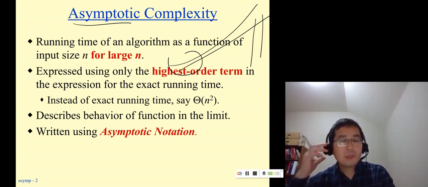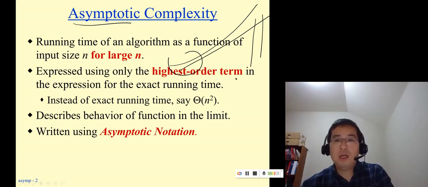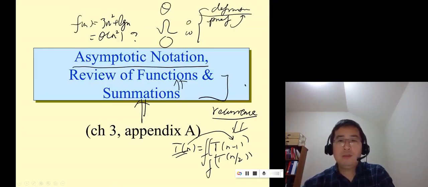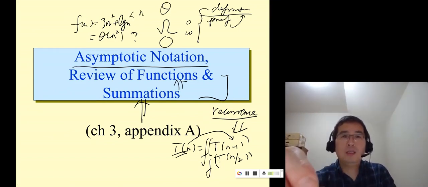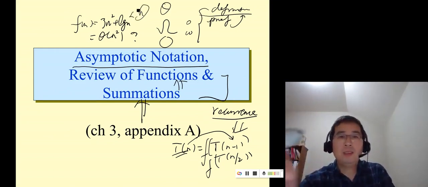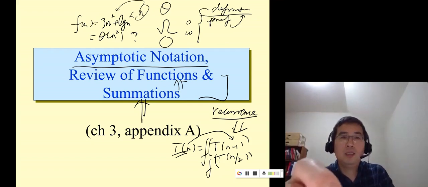And also we only have a concern about the highest order term in the complexity function. Like my previous example, you have n to the power 2 and then log n. In fact, log n is less than n in terms of complexity, and n is less than n squared in terms of complexity.